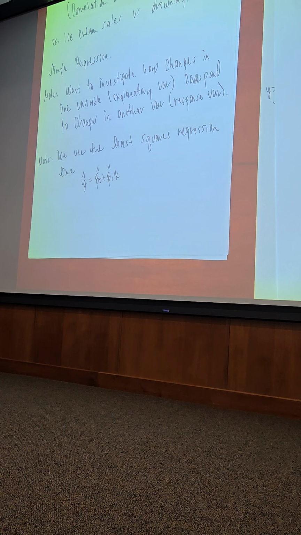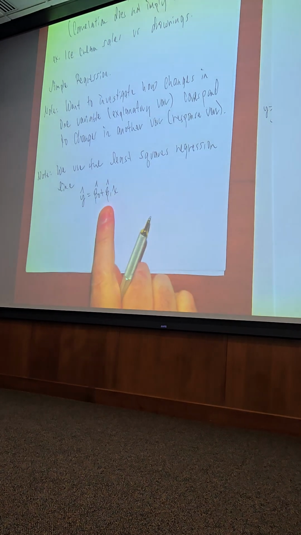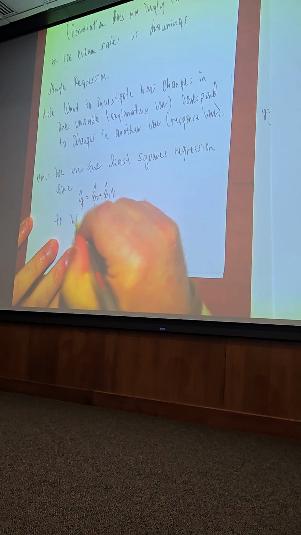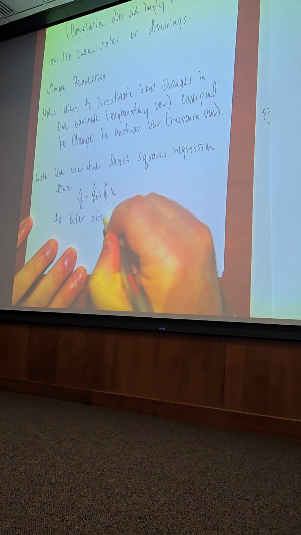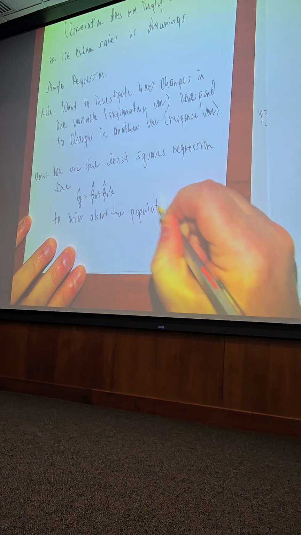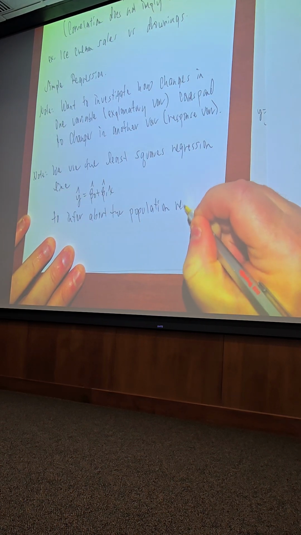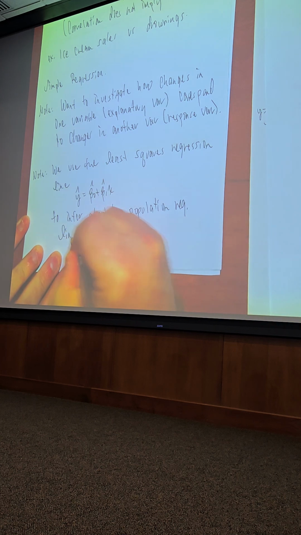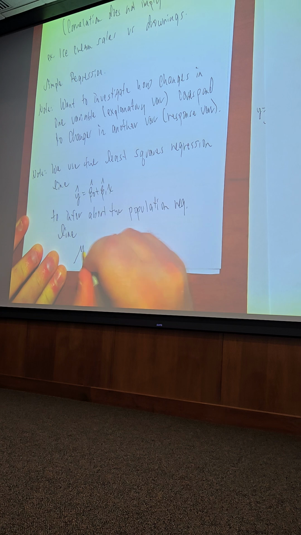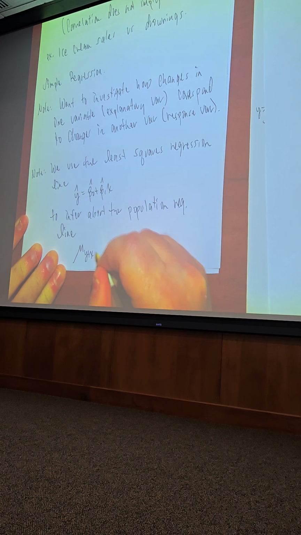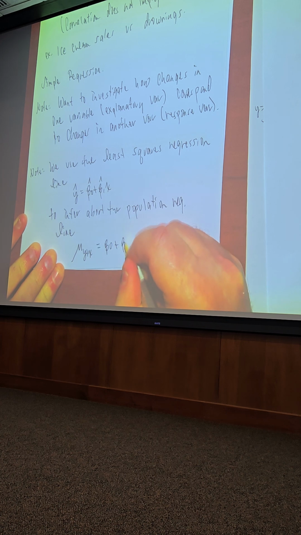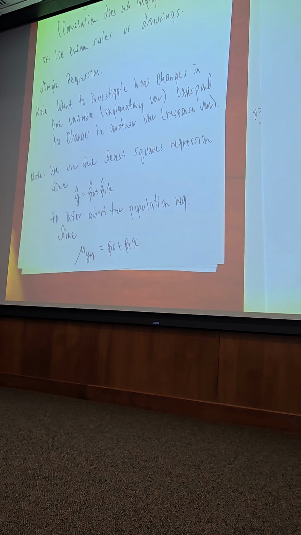So we want to use this least squares regression line, which takes this form, to infer about the population regression. And the population regression line is going to take the form, it's going to be mu sub y given x is equal to beta 0 plus beta 1 times x.